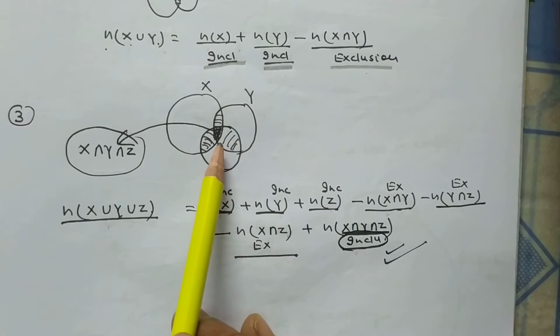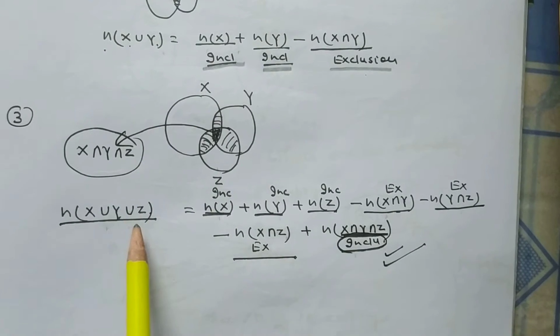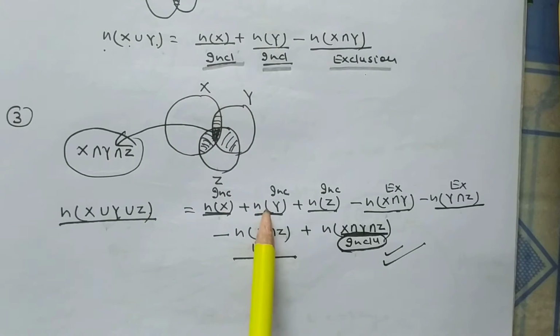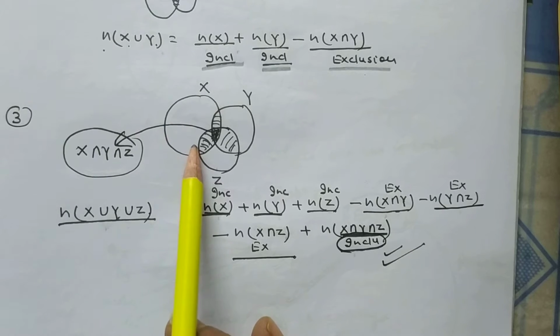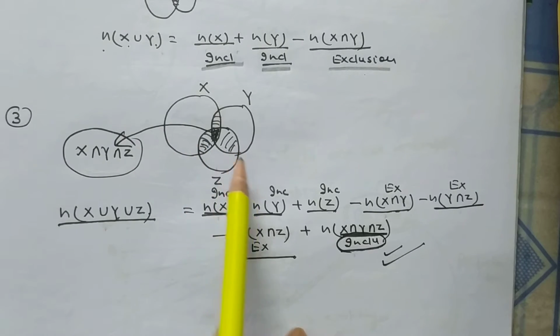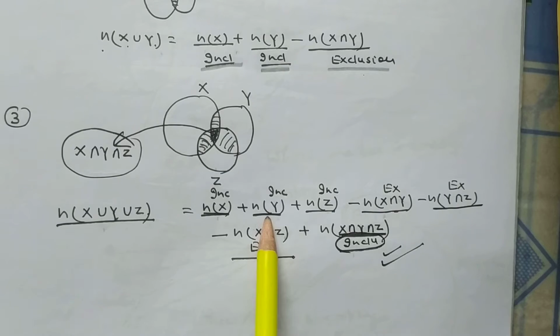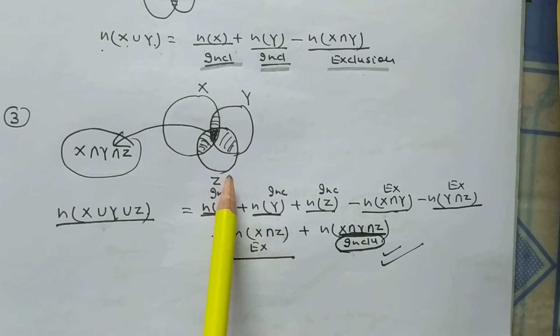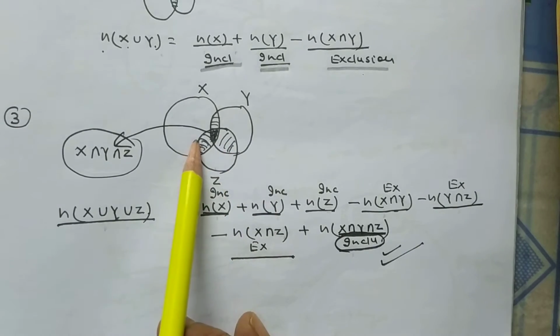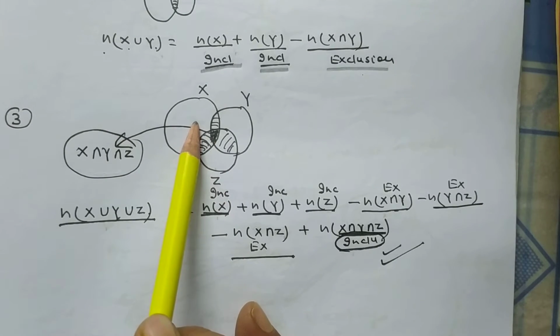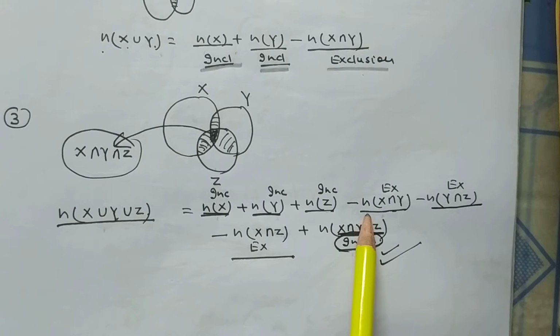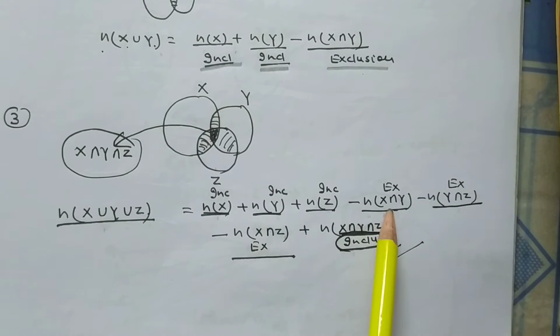You can fill this in by observing this figure. Cardinal number of x in this set, what do you observe? Some portion of y and some portion of z are in set x. So we exclude cardinal number of x intersection y.